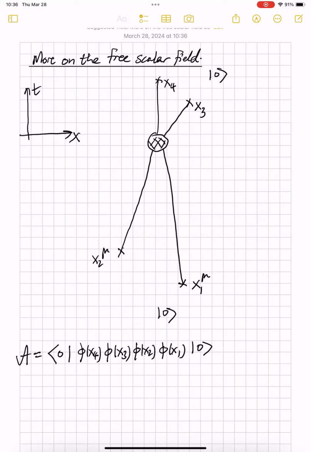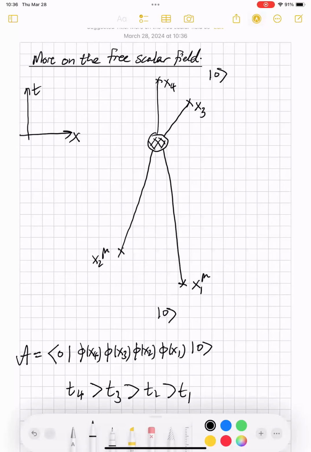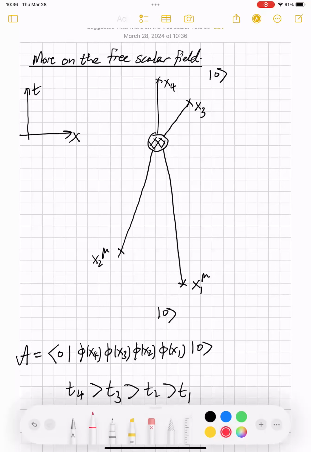Now notice something. T4 is the greatest time. It's greater than T3. T3 is greater than T2, and T2 is greater than T1. So the amplitude that we have just written down is time ordered. And what's going on?